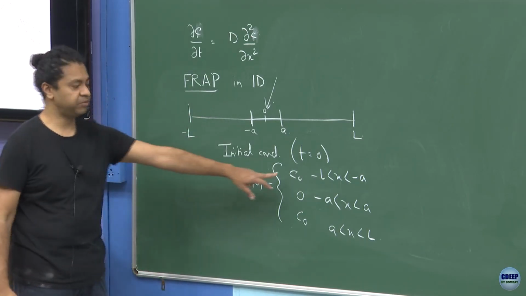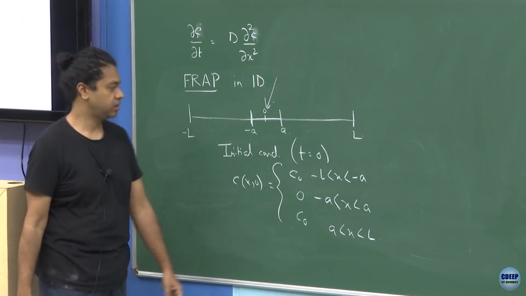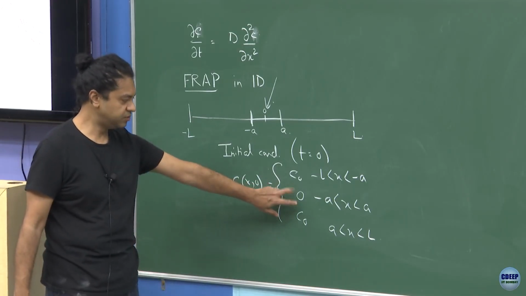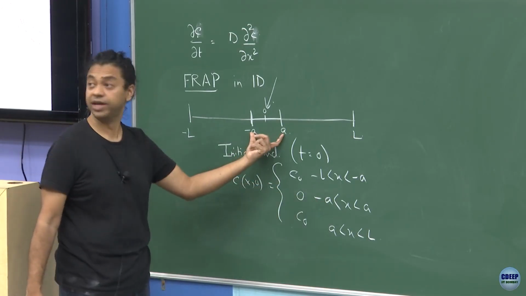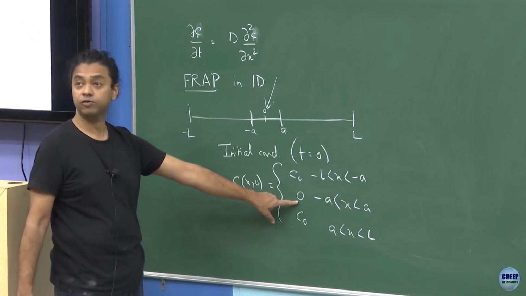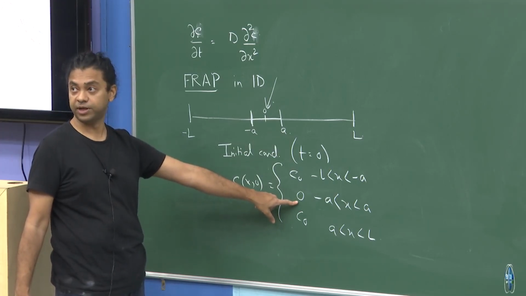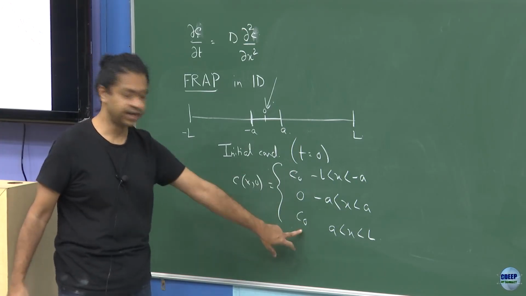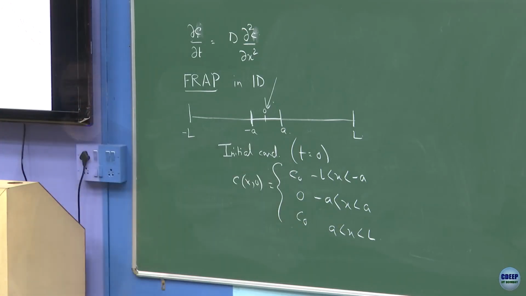So outside I have some homogeneous concentration. In the photobleached region, which is a region of length 2a, I have no fluorophores, so my concentration is 0, or my intensity is 0. And again to the right, I have that concentration C naught. Okay. This is my initial setup.